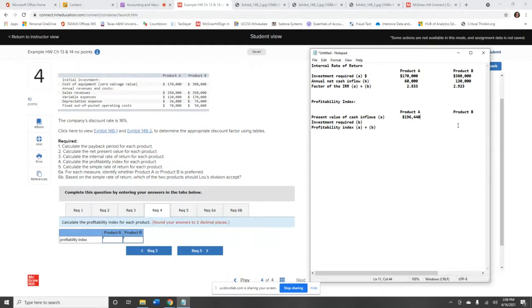The present value of 130,000 every year for 5 years, discounted, was 425,620.